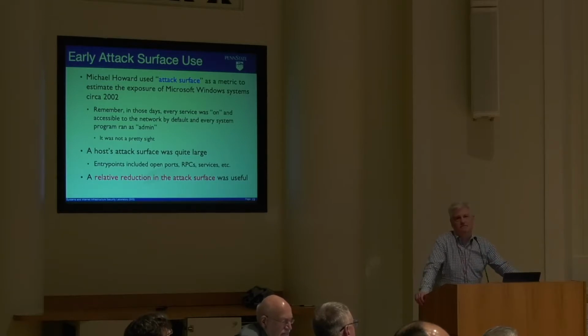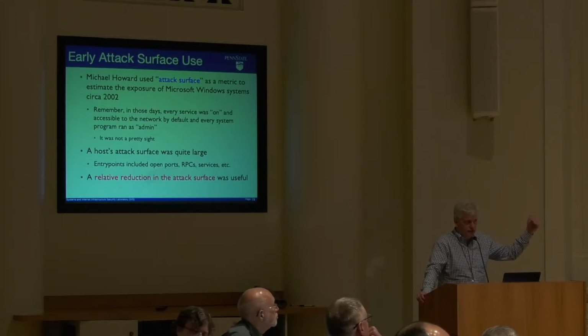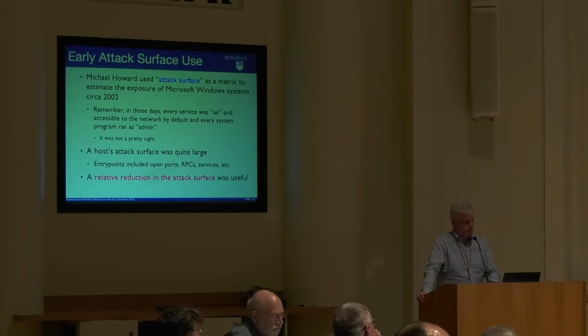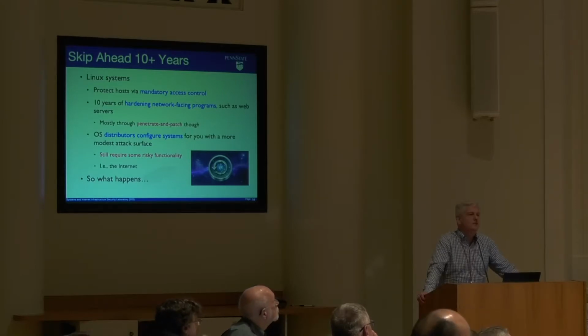So at this point, attack surfaces were fairly large, and what Michael Howard basically argued at this point was that reducing the relative attack surface was a good idea, but this was a start, but only the first step. And what we saw over the course of the next 10 years, for example, now switching to Linux, was the emergence of hosts protected by what's called mandatory access control.